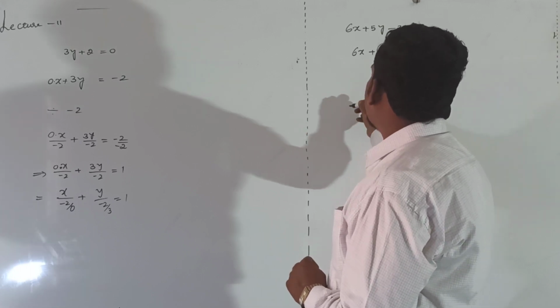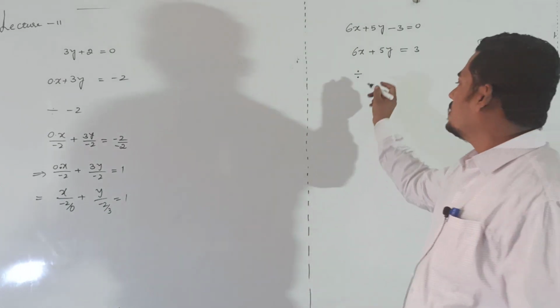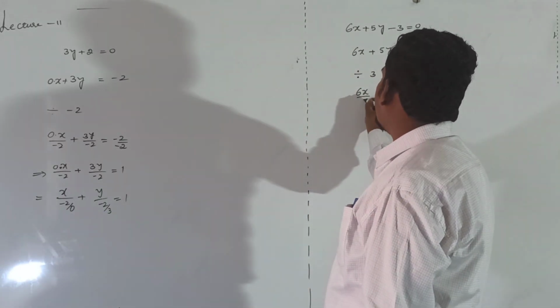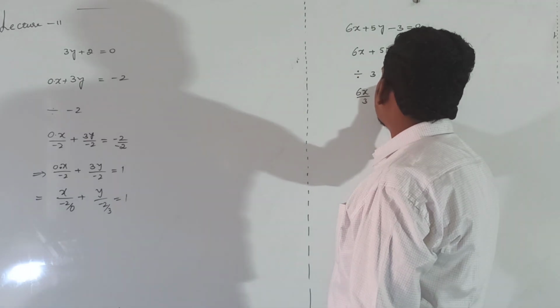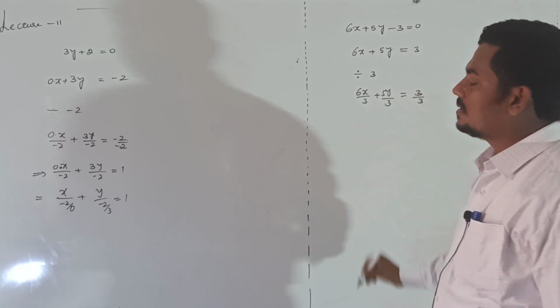Right? After that make the RHS term 1 by dividing by 3, then 6x/3 + 5y/3 = 3/3.